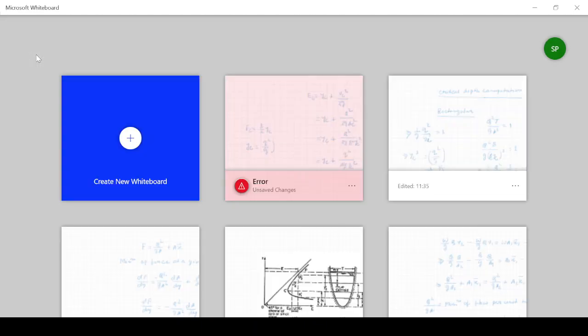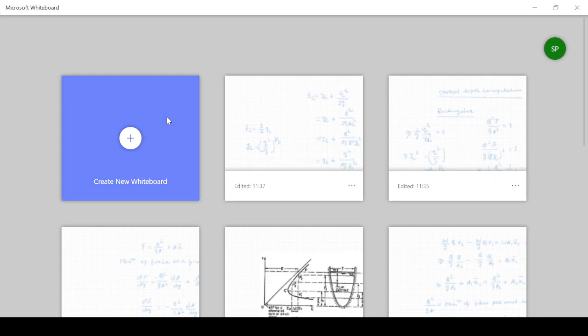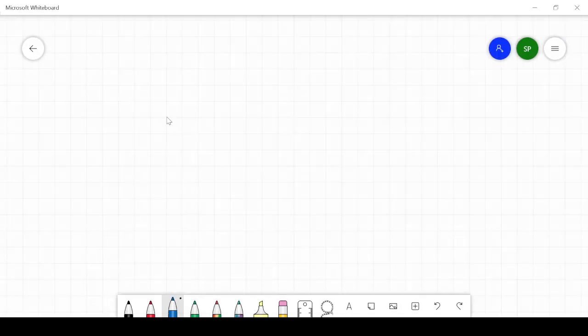Now suppose channel is now rectangular, sorry, triangular. Triangular channel. Okay, so again we will start from the same expression.